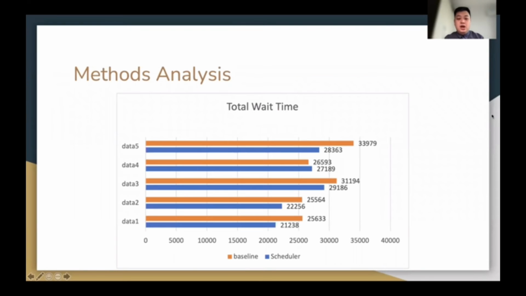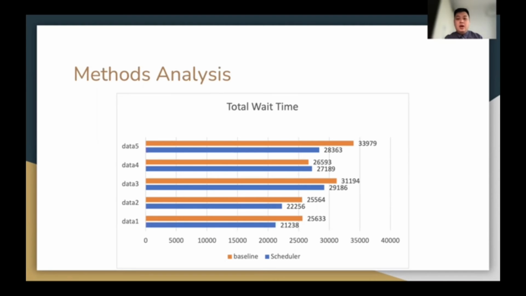For the total waiting time, our scheduler performs better than the baseline scheduler. In dataset 4, there's the only difference here. The reason is that there are more high priority customers than in other datasets. And also our algorithm is to satisfy the high priority customers first, so the regular priority customers may wait longer.